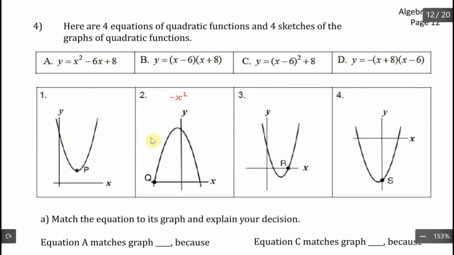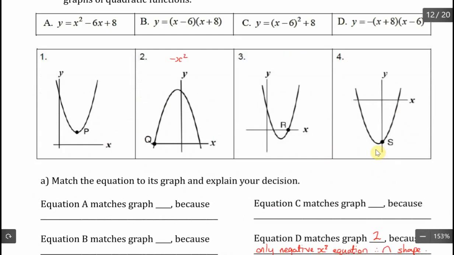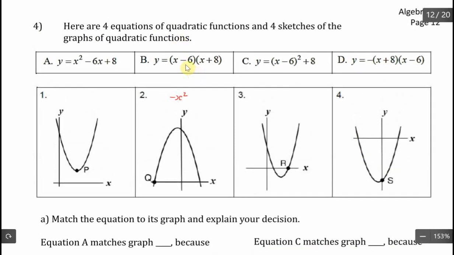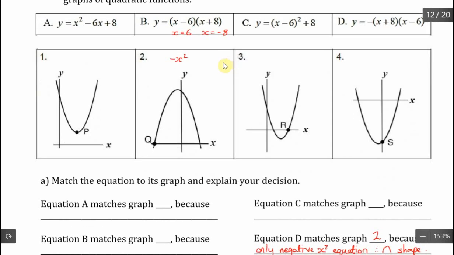Okay, now let's see anything else that will help us. I'm now looking at the equations here. This one has already been factorized, so from that I can immediately take the roots quite easily. So the roots that would make this 0, x equals 6, and x equals -8 are the roots. So something with 6 and -8 are the roots. Now this, it could be that, couldn't it, by the looks of things, but we've already used that graph.